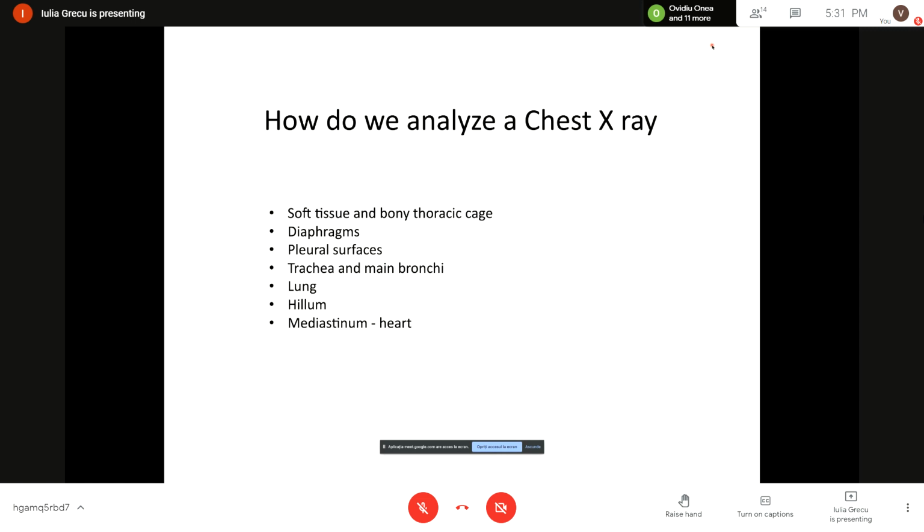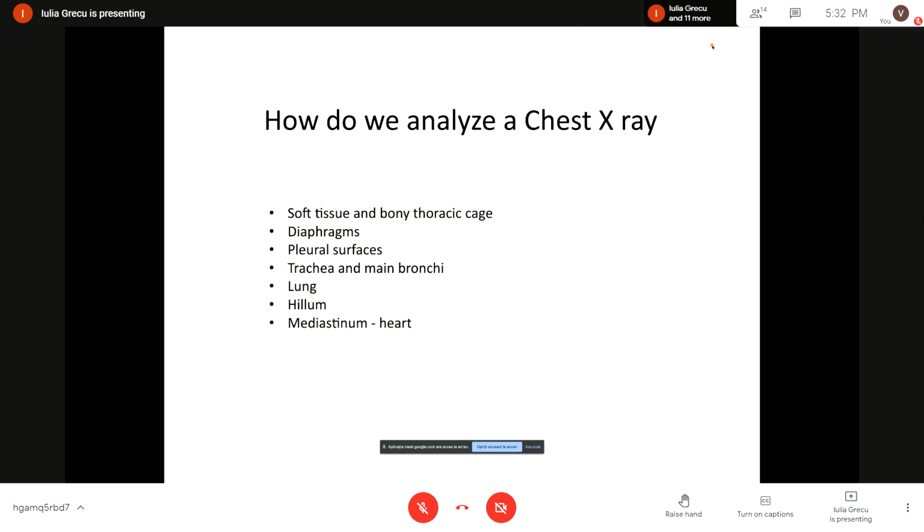So what does this mean? From the exterior to the interior, we have a lot of structures that make up the thoracic cavity. We start with the soft tissues, which are represented by the skin, the underlying fat, some muscles like the pectorals that project on the film. And we go deeper, we find the bony structures. These are represented by the ribs, the vertebra, the sternum, clavicles, and sometimes the scapula.